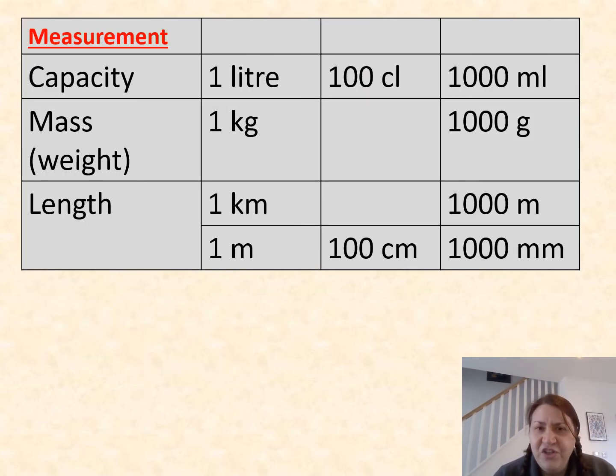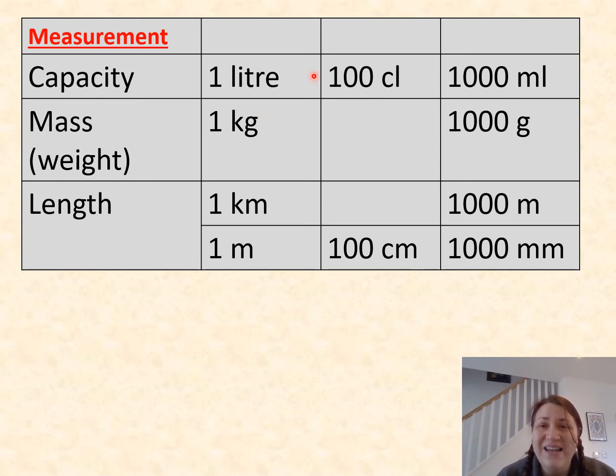Here's another chart that you're going to see repeated a lot to help you remember. So it's got some equivalent values on it. So with capacity, which is our liquid again, 1 litre is the same as 100 centilitres. We don't use centilitres very much at all, so you won't hear this one much. The important one is that it's 1,000 millilitres.